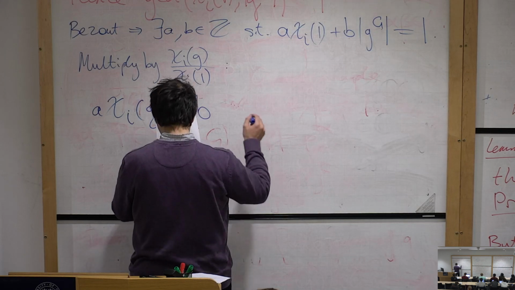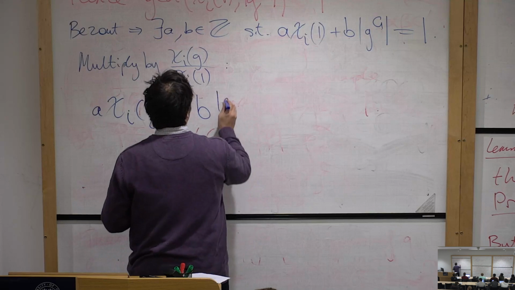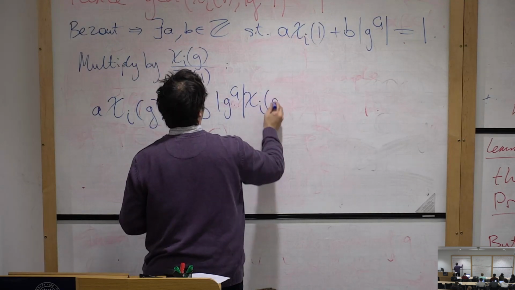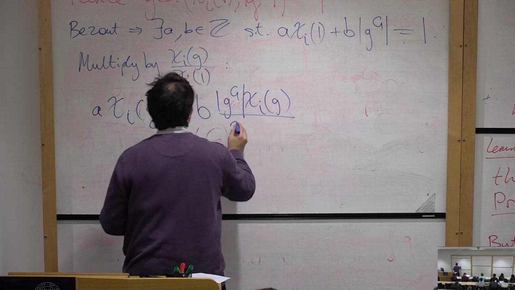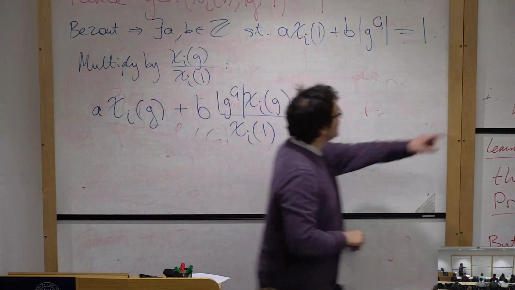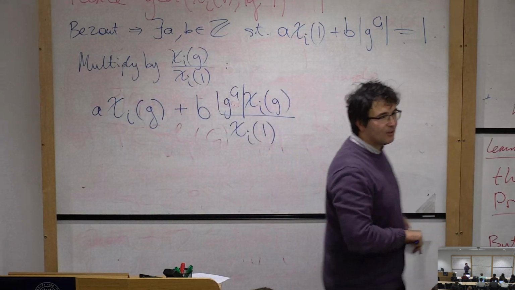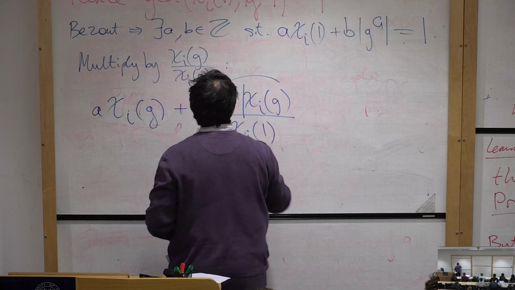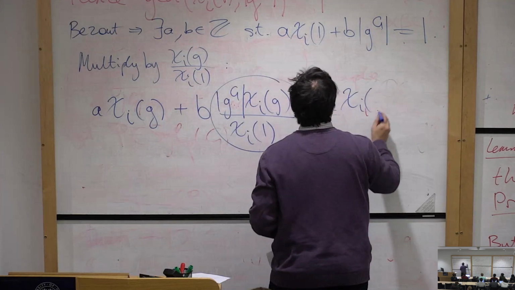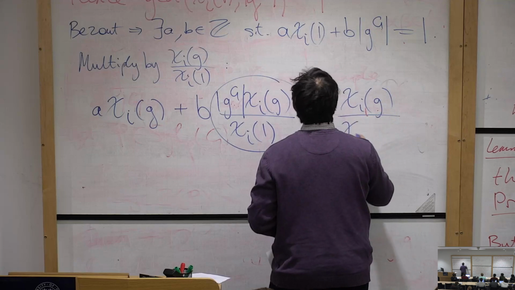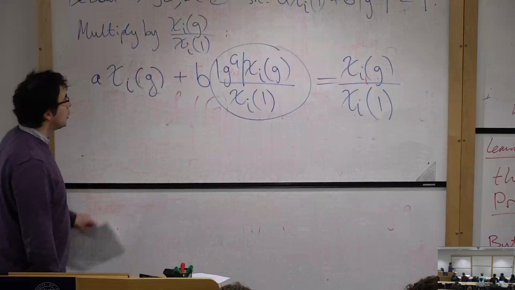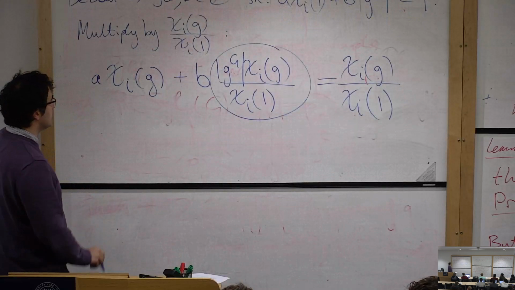Oh no, can I manage? That's this special thing, right? The value of the conjugacy class sum appearing here. And that's chi I of g over chi I of 1. Good.